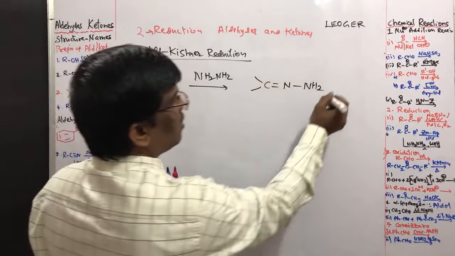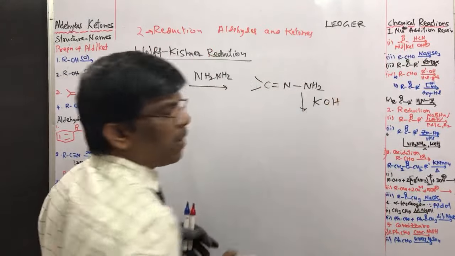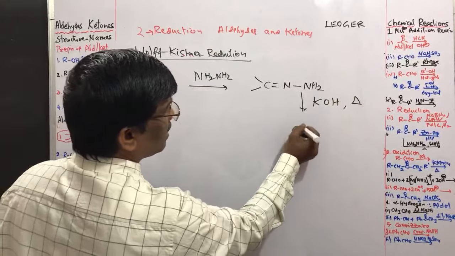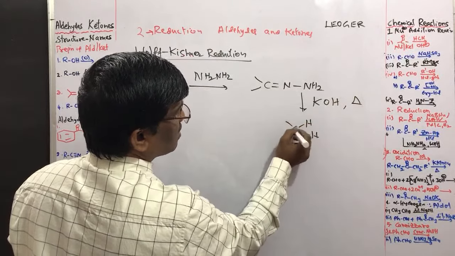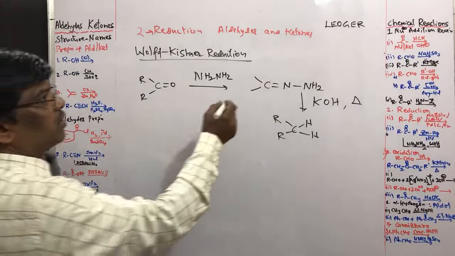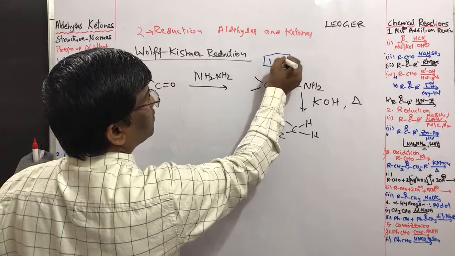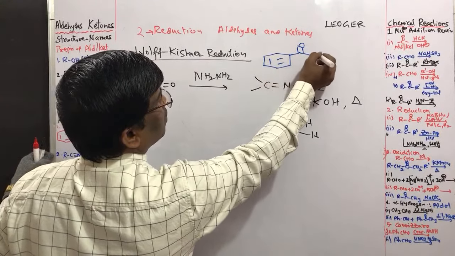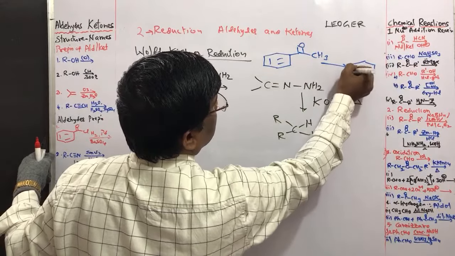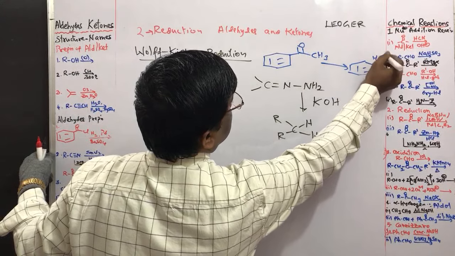When I treat this hydrazone with KOH, base, hydrolysis and heating, I am going to get this alkane. Yes, students. For example, this is the compound, acetophenone, to ethyl benzene. I can do it with this reagent.